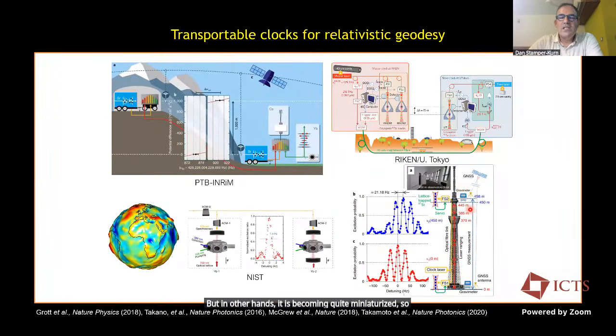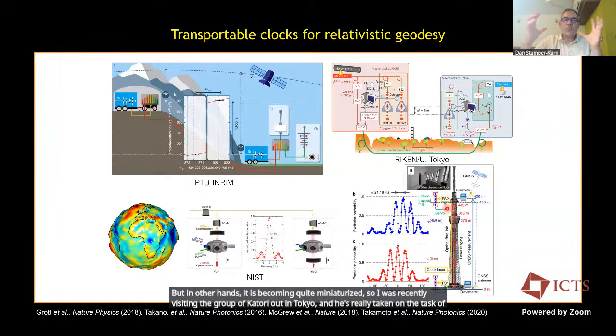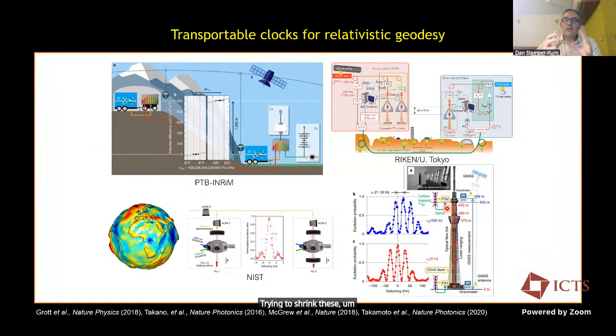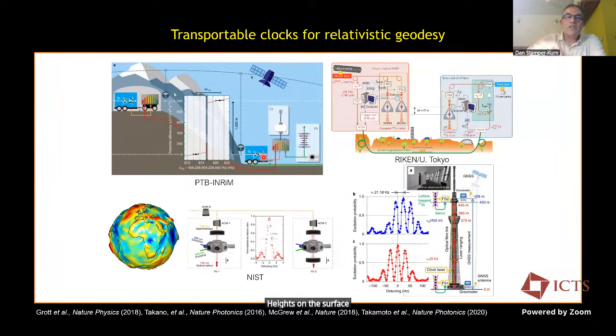I was recently visiting the group of Katori in Tokyo, and he's really taken on the task of trying to shrink these optical atomic clocks into instruments that are transportable. He wants to hitch optical atomic clocks onto cars and drive them up to different heights so he can compare optical clocks at different heights on the surface, somewhere in Japan.